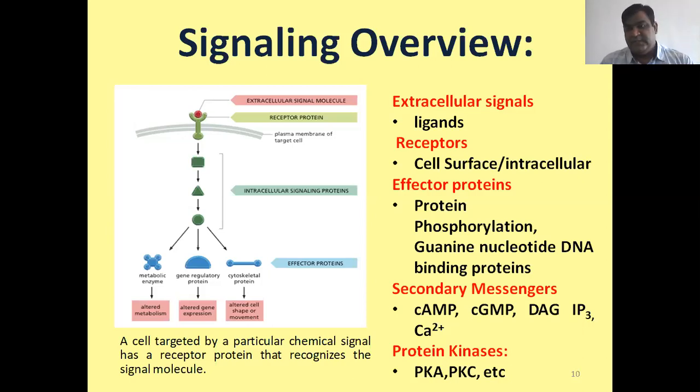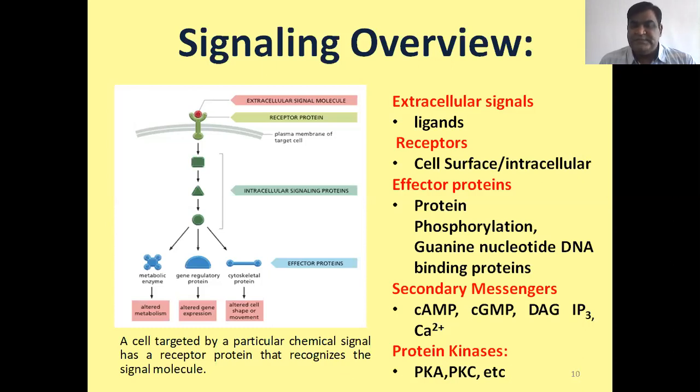Then comes the receptor, because ultimately a ligand released by a signaling cell will be received by the target cell by means of a receptor. That receptor may be a cell surface receptor in the case of lipophobic or hydrophilic ligands like various peptides and proteins, and it can be intracellular in the case of steroid or other lipophilic ligands. There comes another category of signaling molecule known as effector proteins.